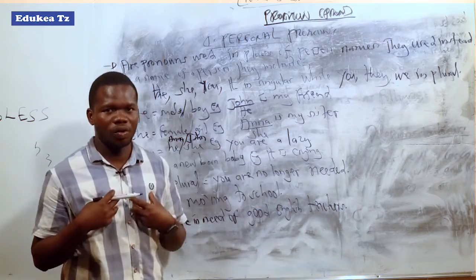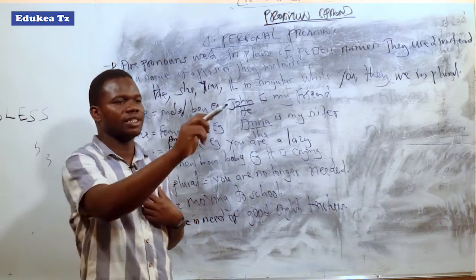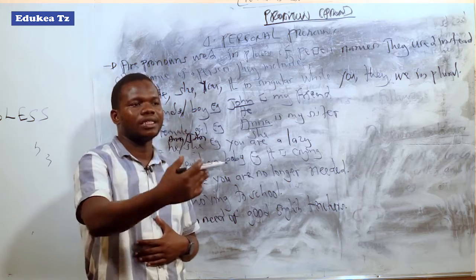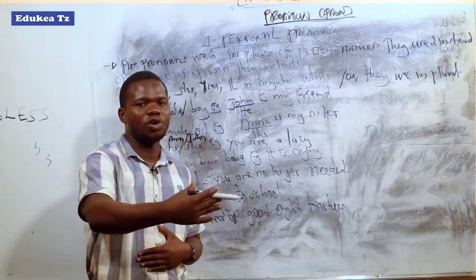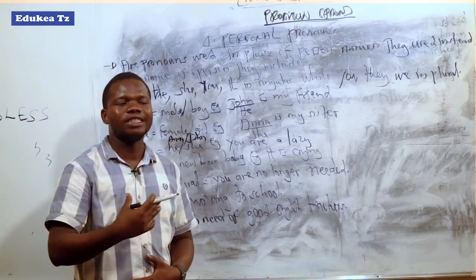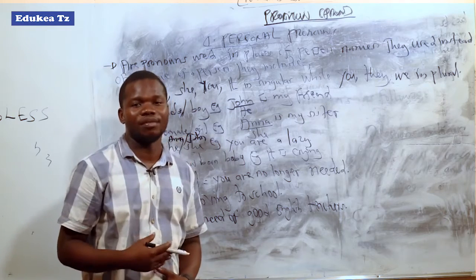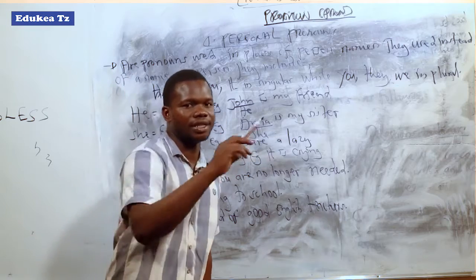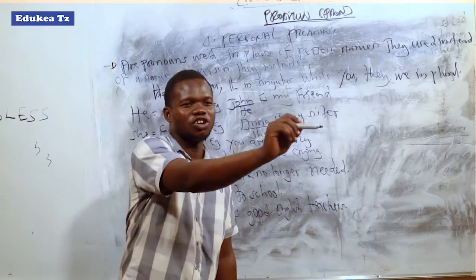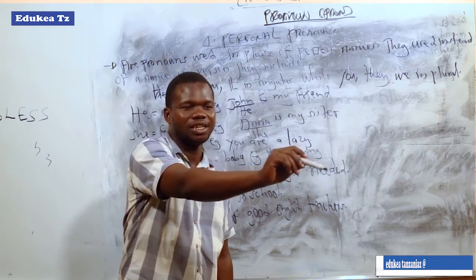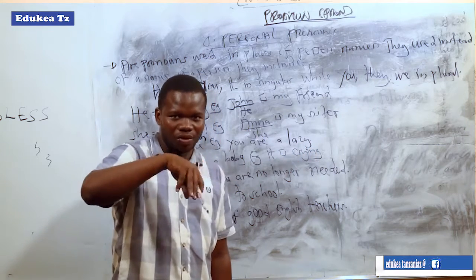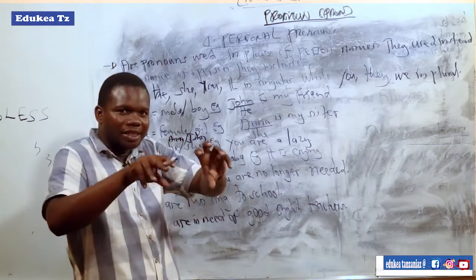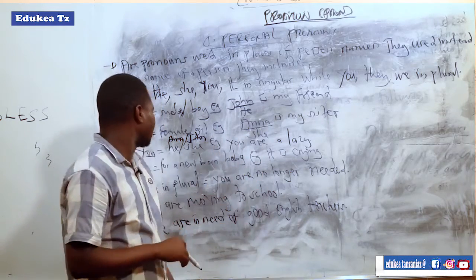If I'm here and a certain person is there and I want to describe such an attribute about him or her, instead of mentioning his or her name, I may use you. Then I say you are lazy, instead of saying John is lazy, since the person is around. So we use you for those people who are around us.